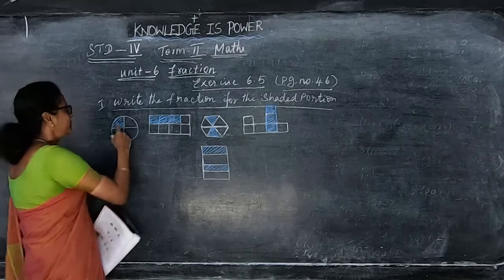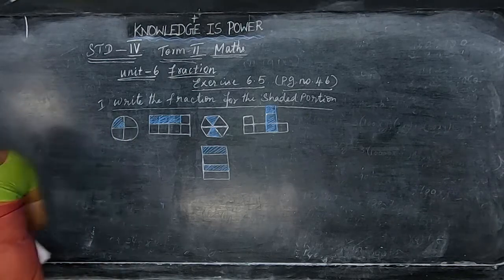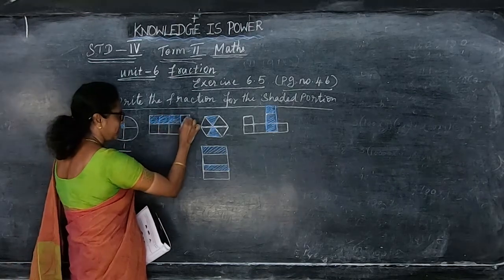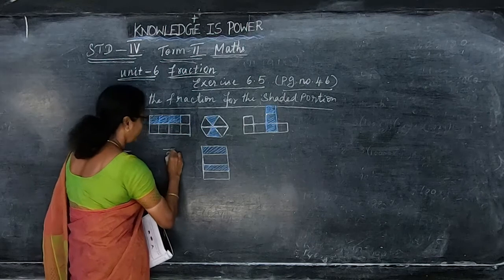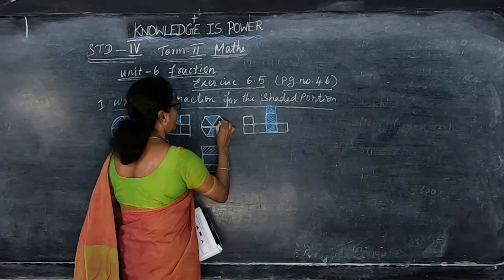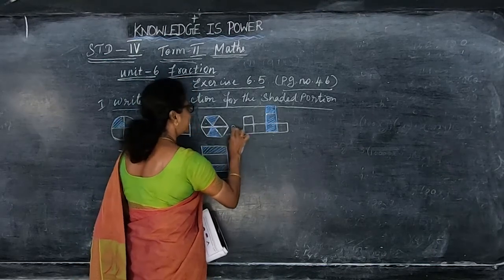So here how many parts are there? 1, 2, 3, 4. So you can write 1/4. And here 1 2 3 4 5 6 7 8. So put 8 in the denominator. The number of parts shaded is 3. Here 1 2 3 4 5 6. 6 is the denominator. 2 parts are shaded.